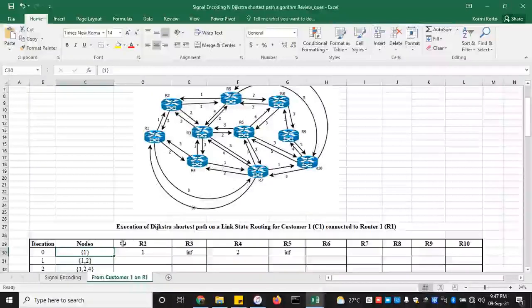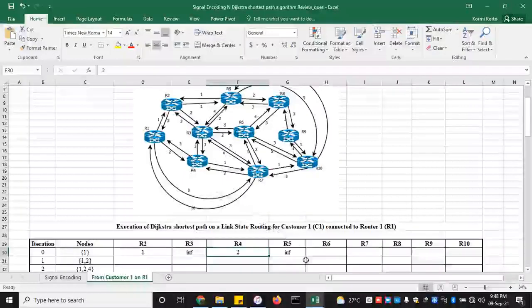So far, if you only have one node, in this case router 1, to forward a transmission, your only directly connected nodes are going to be router 2 and router 4, because they are directly connected to it. So you just put down the least cost for those ones, which is 1 for 2 and 2 for 4.